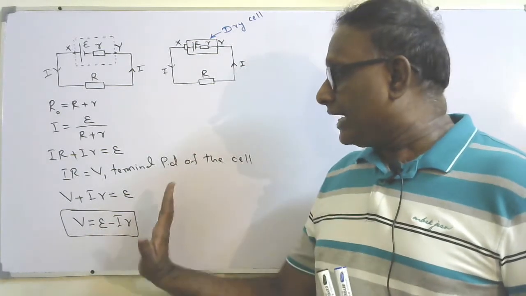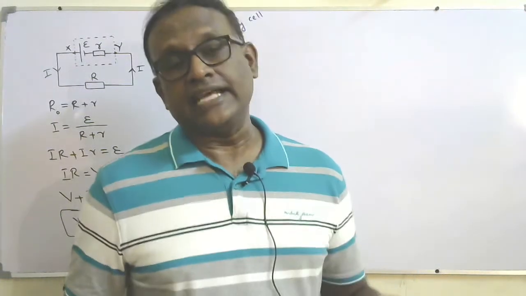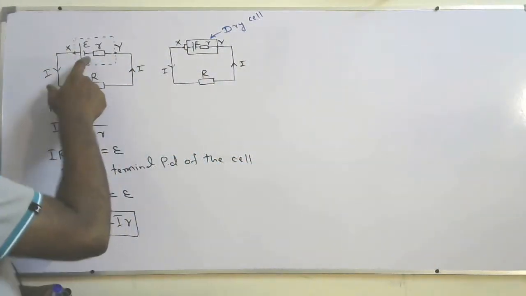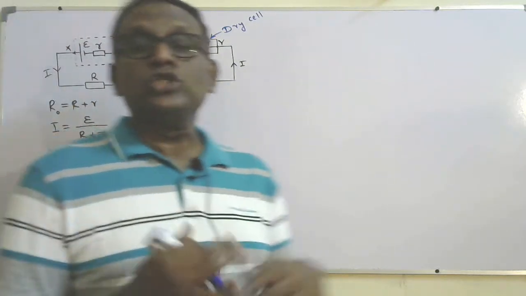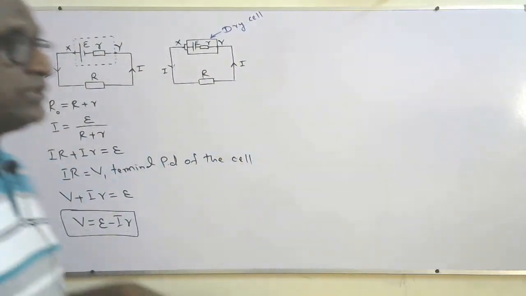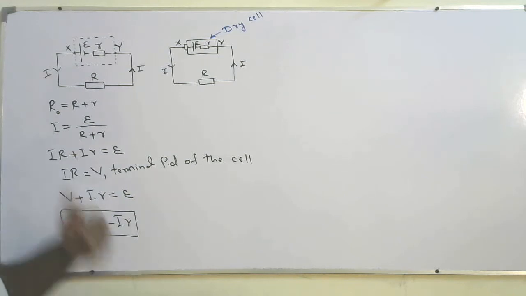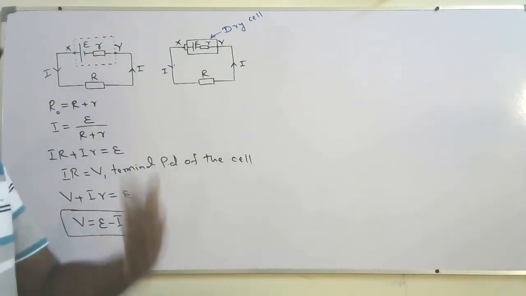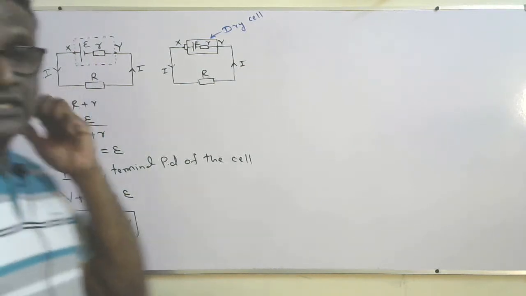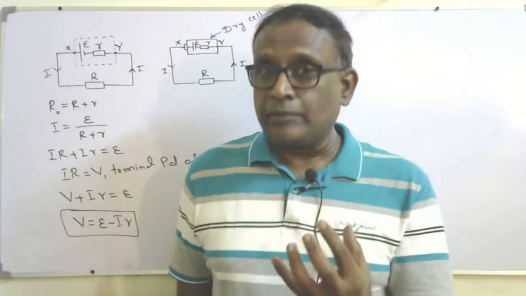Okay, so I can derive the same equation by considering conservation of energy, that is conservation of power. So I can say power generated by the power supply is equal to total power dissipation or total power loss in the circuit. Means the power is lost or dissipated in the internal resistance as well as the external resistance. So due to the power loss in the internal resistance of the cell, the power supply will get warmer.